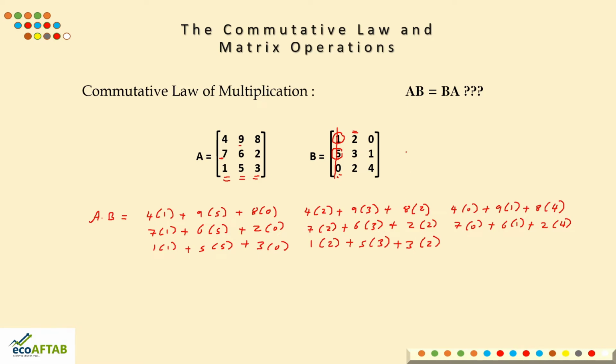So here we are done with the second column of matrix B, and now the last part is 1 multiplied by 0 plus 5 multiplied by 1 plus 3 multiplied by 4.